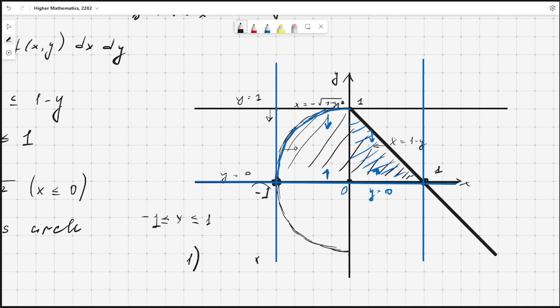The first, x changes from -1 to 0. In this case, y will change from y is 0, this line, to y is, we must define y from this x squared equals 1 minus y squared.